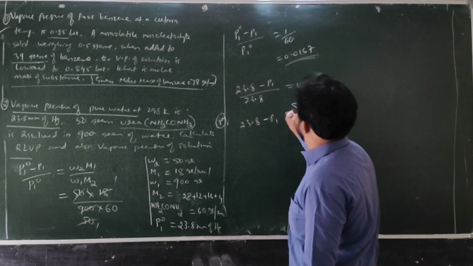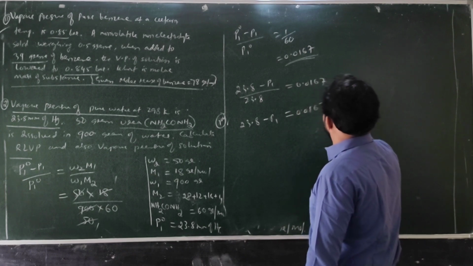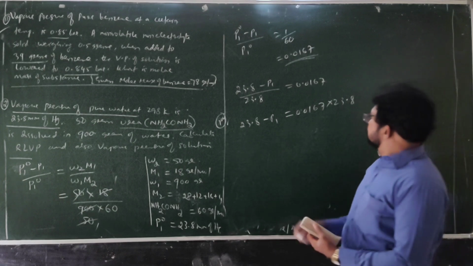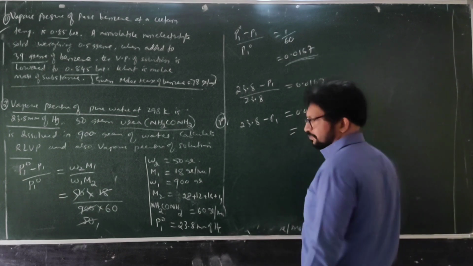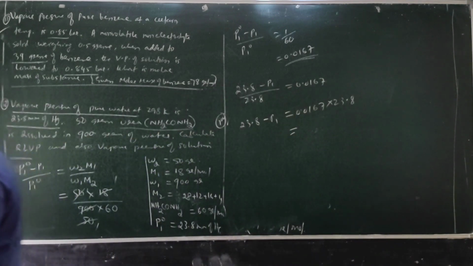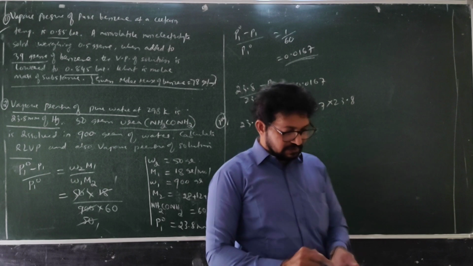23.8 minus P1 is equal to 0.0167 into 23.8. So it will have a value. Is it correct? You can work out that.